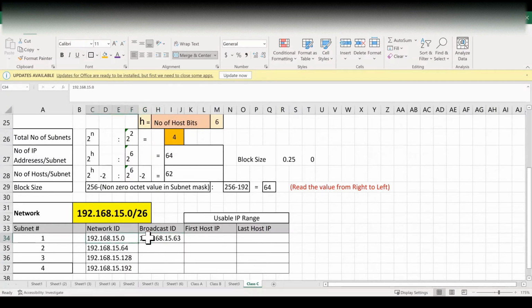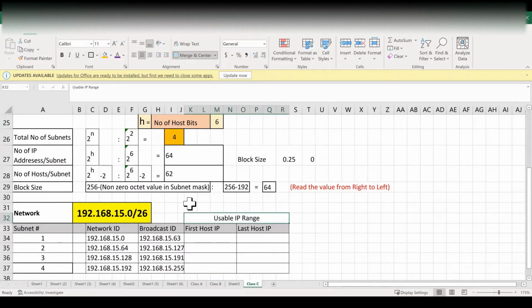So from network ID to broadcast ID, we are having total 64 IP addresses. So when we add this 0 to 63, we will get the 64 number of IP addresses. So to get the next broadcast ID, the same way we have to deduct one IP address from the next network ID. So we will get 127. The same way we do so, we will get the remaining broadcast IDs.